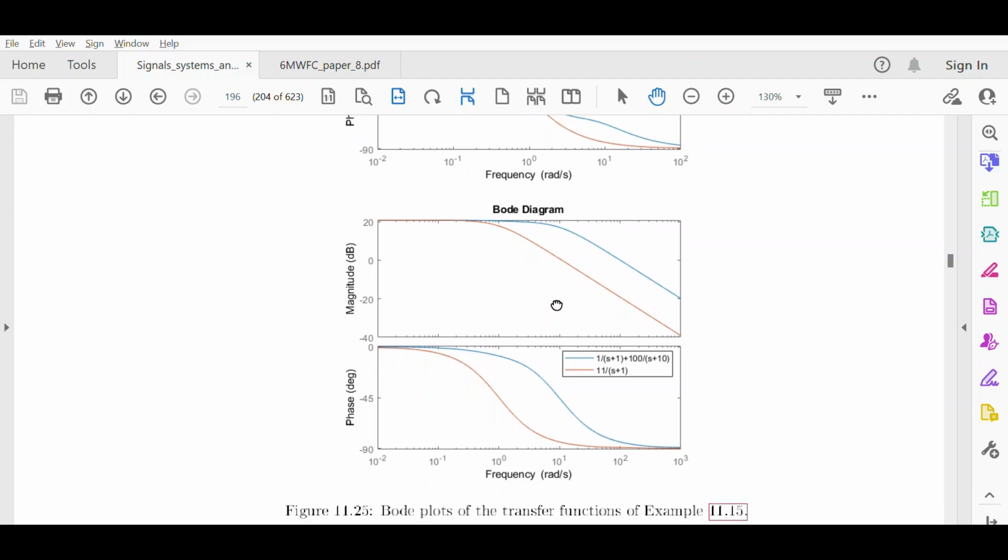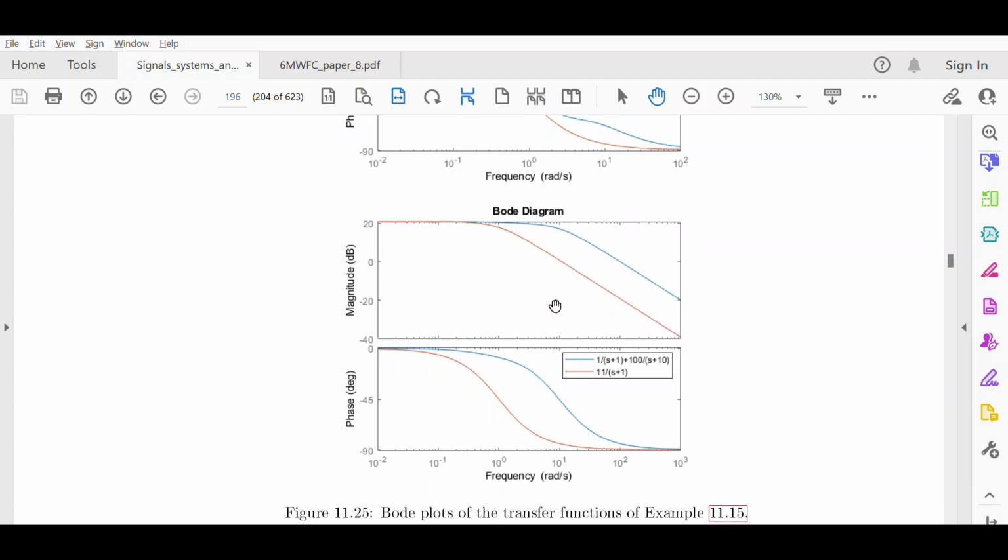Now, when we look at the second transfer function, we see that we will have this Bode diagram in blue, which is very far from the Bode diagram in red that only concerns the first pole at minus 1. Take a closer look at this Bode diagram in blue. You can see that the result we have here in blue is quite close to what we would have with only that pole.